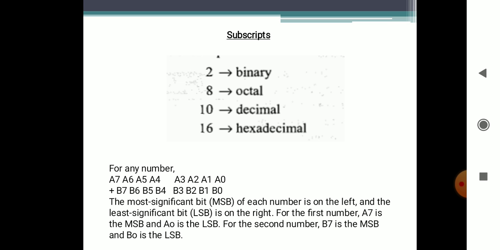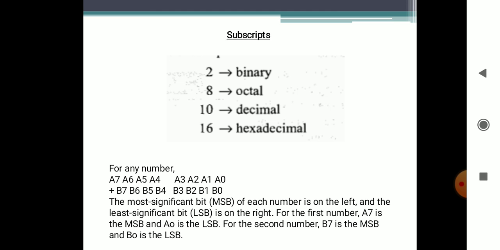A5, A4, A3, A2, A1, A0. So binary addition is done using these 8-bit numbers. For example, as given here, A7, A6, A5, A4, A3, A2, A1, A0 is the first 8 bits, and we add this with another set of 8-bit numbers, B7, B6, B5, B4, B3, B2, B1 and B0.